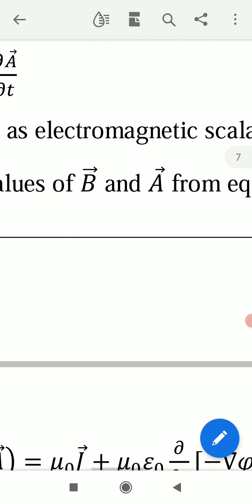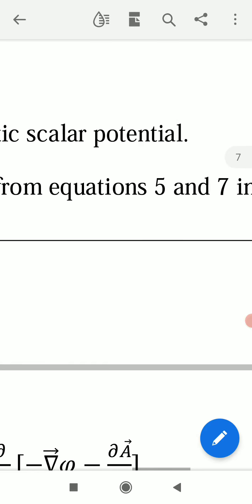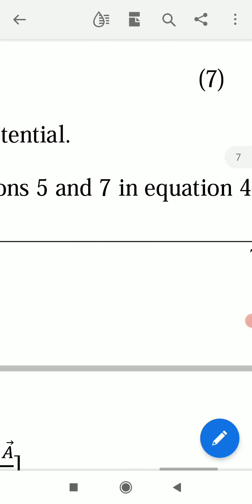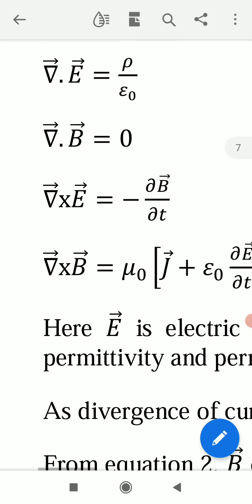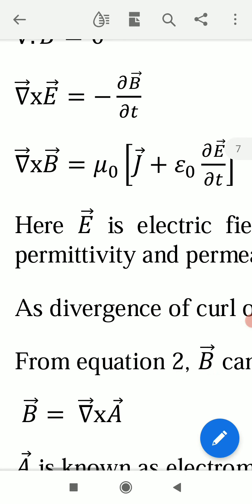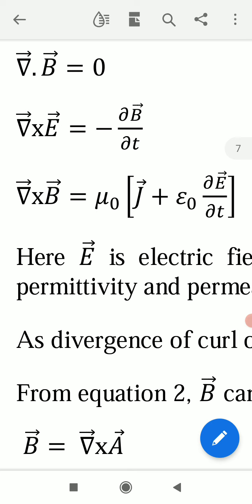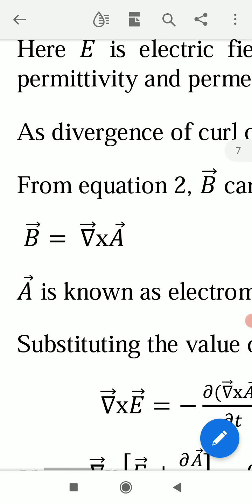Substituting the values of B vector and E vector from equations 5 and 7 in equation 4. This is the fourth Maxwell equation. Del cross B equal to mu 0 into J plus epsilon 0 delta E upon delta T. In this equation, we put the values of B vector and E vector from these relations.